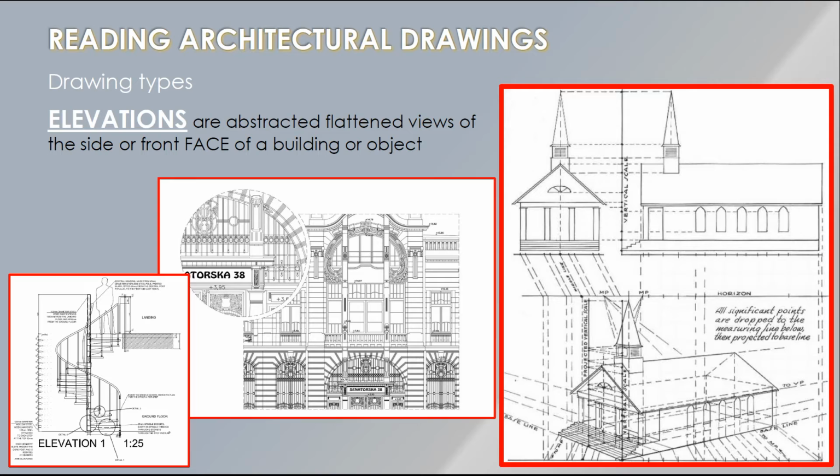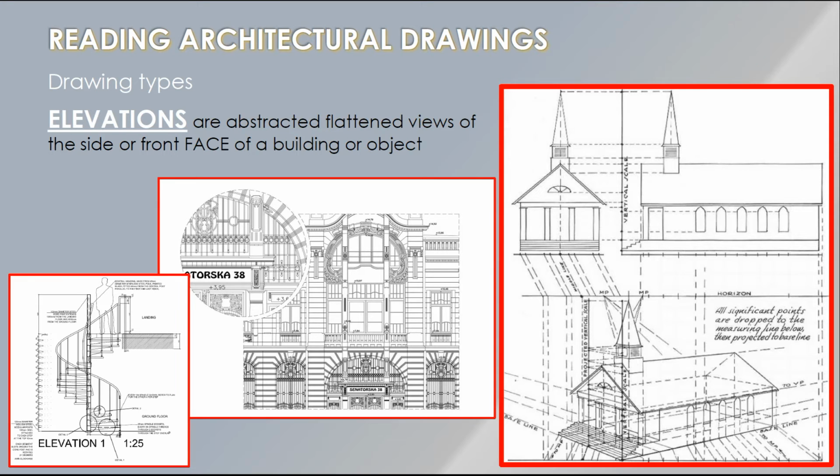So that's the purpose of that drawing. It's not meant to represent how elegant the thing is or what it is. It's just giving you specific information that you need to know in order to understand the detail of the stair construction.